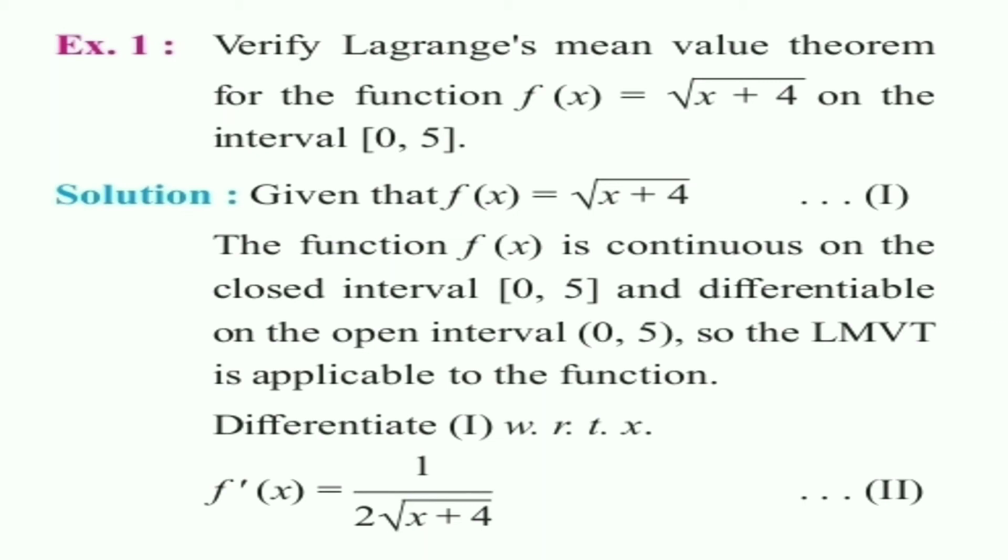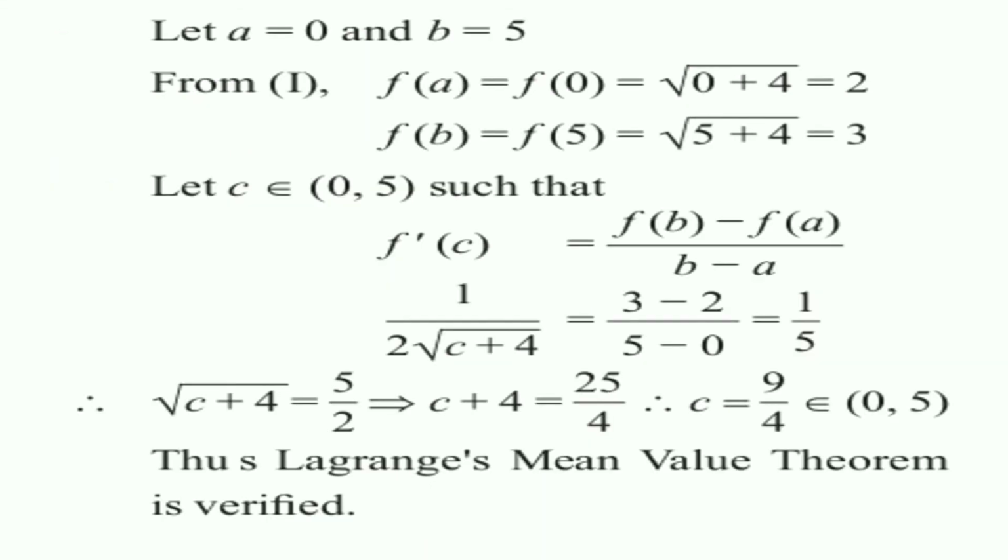Differentiate 1 with respect to x, we get f'(x) equals 1 upon 2 into under root x plus 4. This is equation number 2. Let a equal to 0 and b equal to 5.